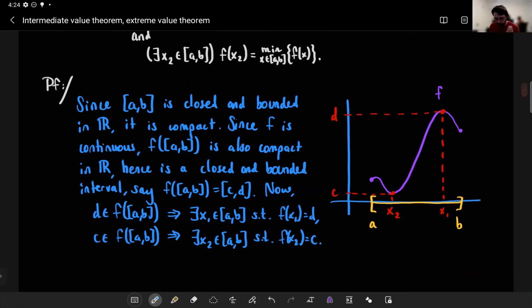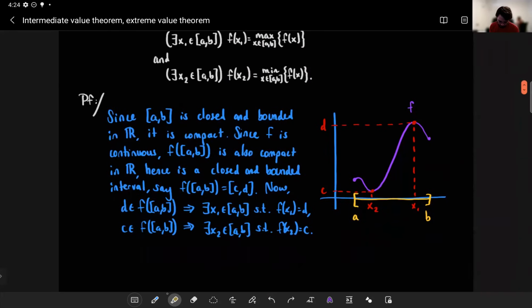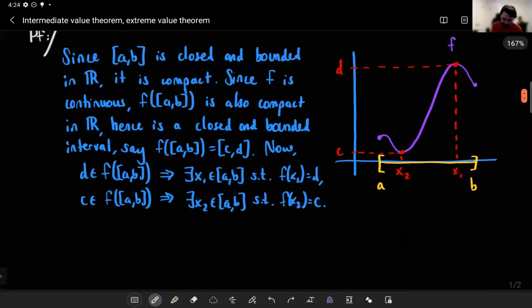But that's exactly what we wanted up here. We had some x1 value mapping onto, in this case, D, the maximum value, and some x2 value mapping onto C, which is the minimum value. Why are they the max and min, you might ask? So let's just write this out.